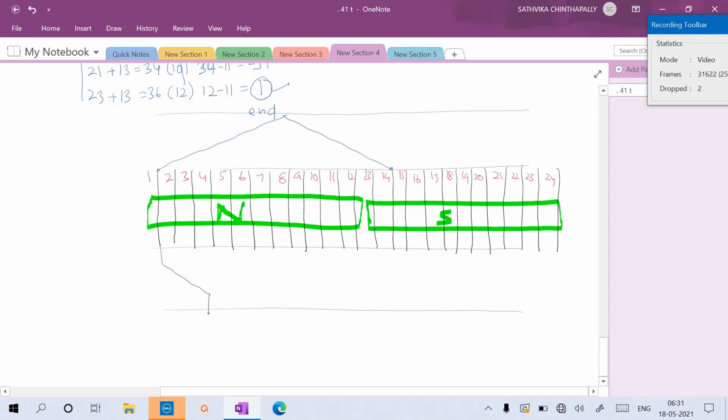From the 14th it should be connected to the third conductor as per the table. So the 14th you connect here, and where is the third? This is the third, you connect. Now the third conductor should be connected to the 16th.